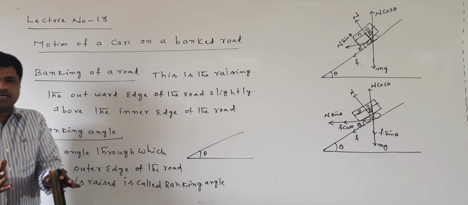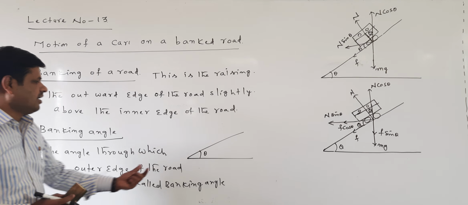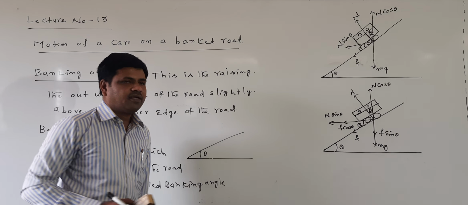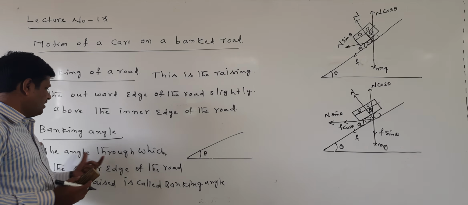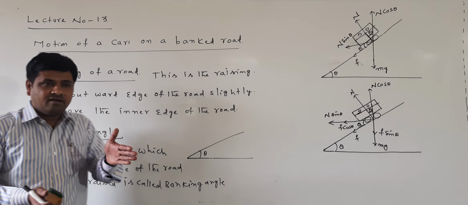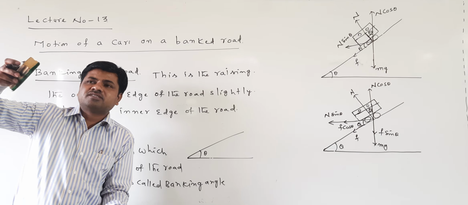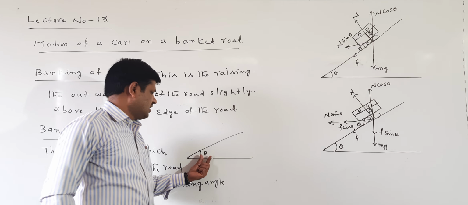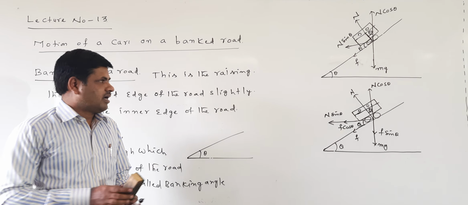Between the inner edge and the outer edge, there is some angle. That angle is called the banking angle. In comparison to the inner edge, the outer edge is raised by some angle, and that angle is called the banking angle.